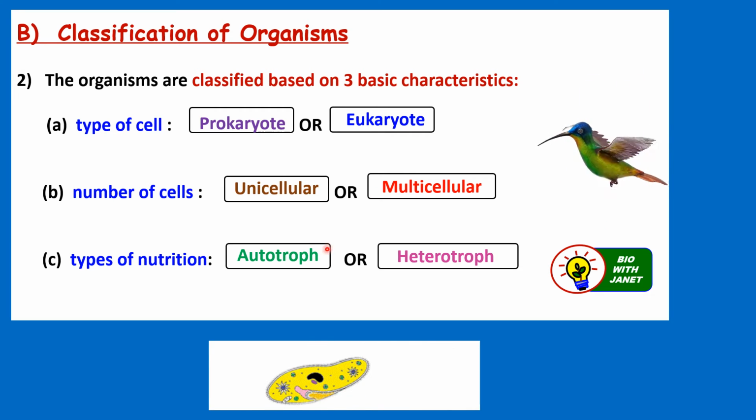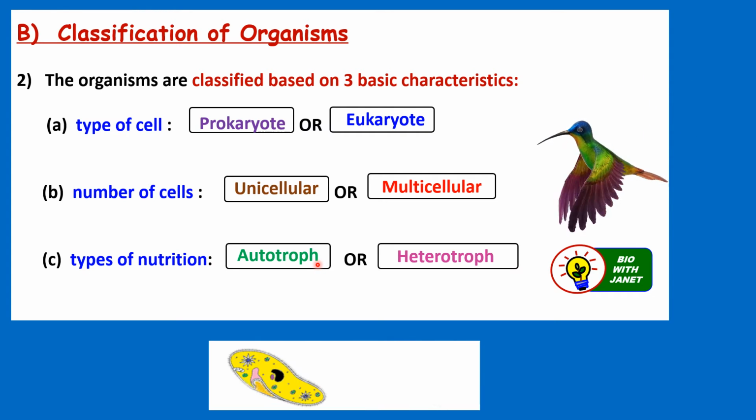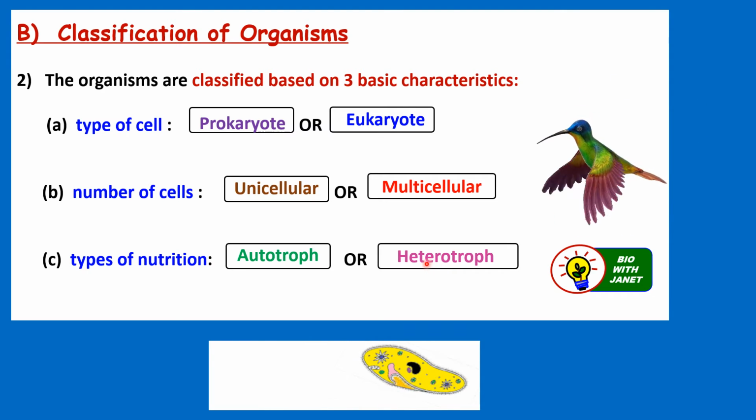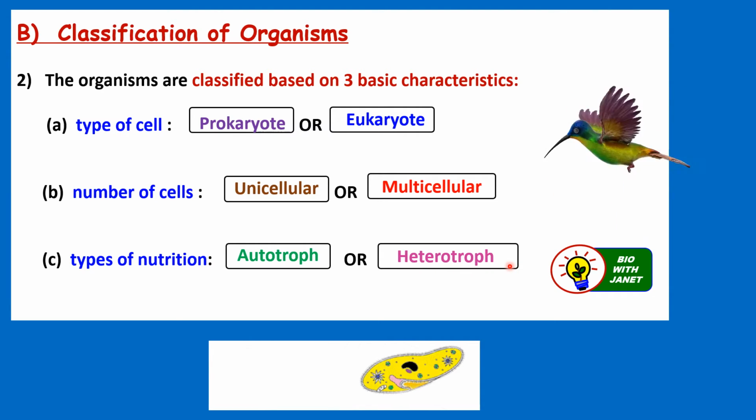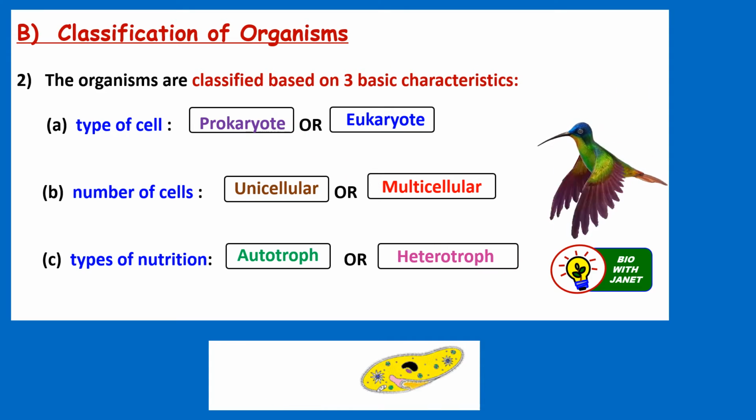And then their type of nutrition. Are they autotrophs that can produce or synthesize their own organic food substances, or are they heterotrophs, okay, that depend on other organisms to obtain nutrients and food, and they cannot synthesize their own organic food substances.